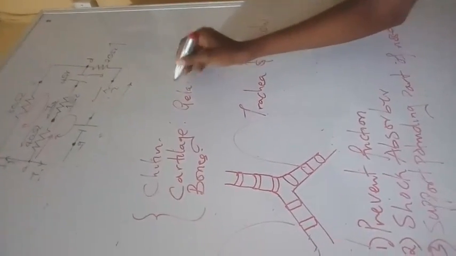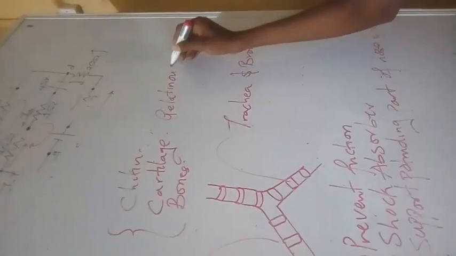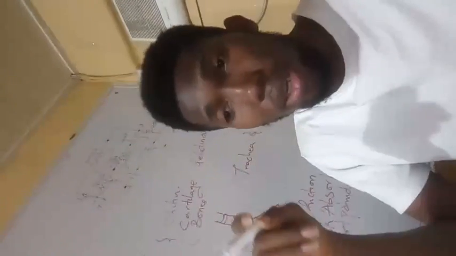When we say gelatinous, we're talking about something in jelly-like form. So the bones consist of organic gelatinous and inorganic materials.